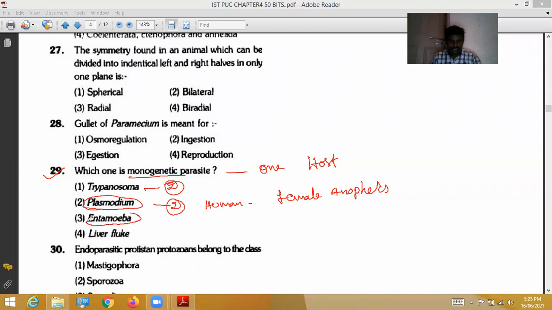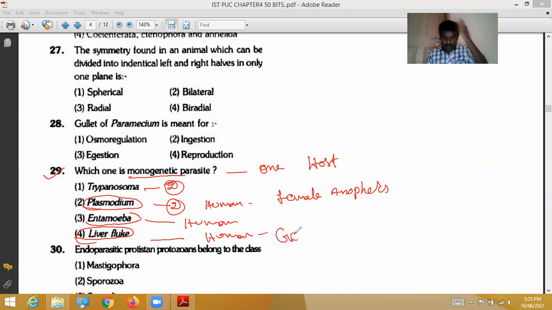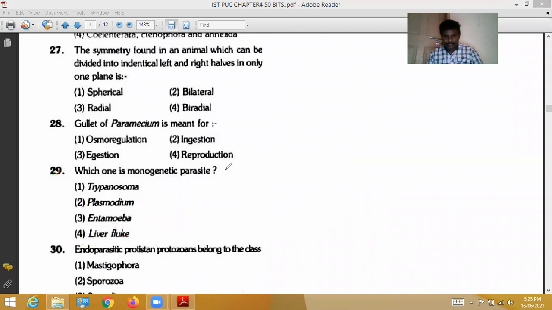Entamoeba histolytica will finish its life cycle in only humans, so it is called a monogenetic parasite. Liver fluke finishes its life cycle in two organisms: humans and goat. So among the four options, the correct option is the third option.